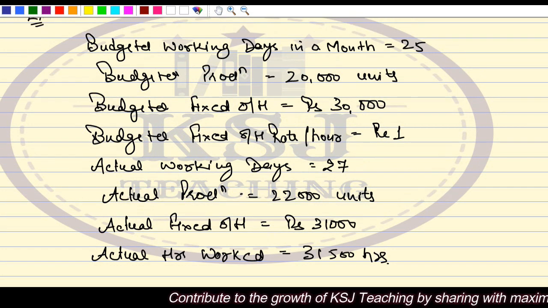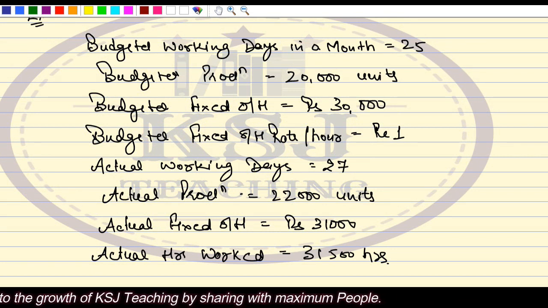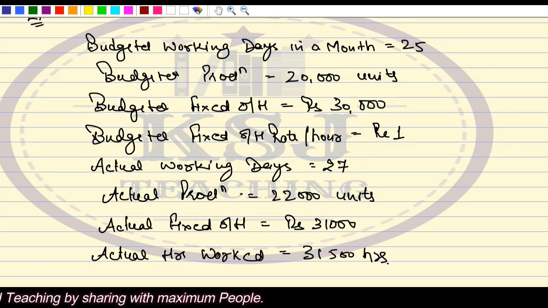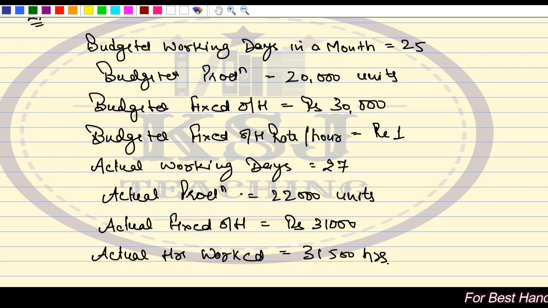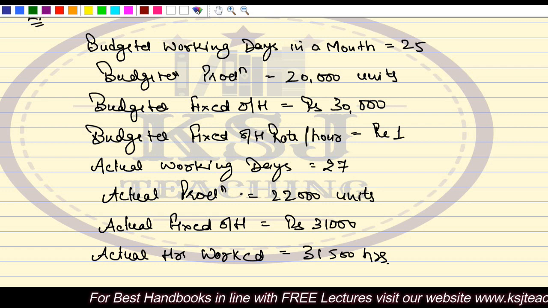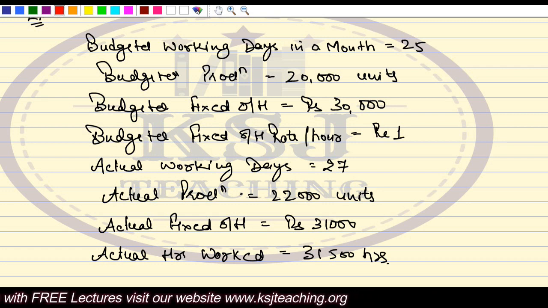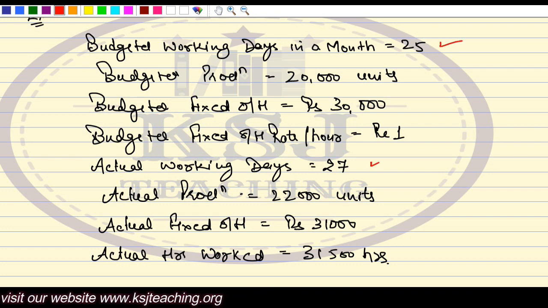The budgeted working days in a month are given. The budgeted production is given 20,000. Budgeted fixed overheads are given 30,000. Budgeted fixed overhead rate per hour is given, that is rupee 1. Actual number of working days are given 27. See, the calendar variance and the revised capacity variance, which we have discussed in this lecture, can only be calculated if you have the budgeted working days and the actual working days.